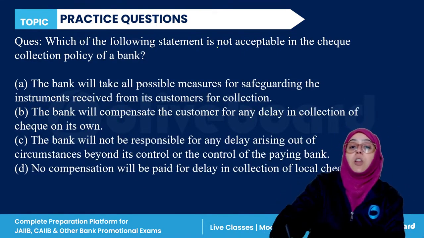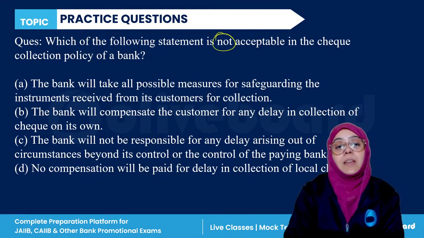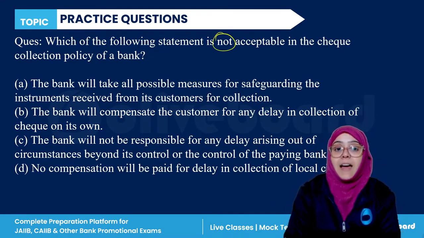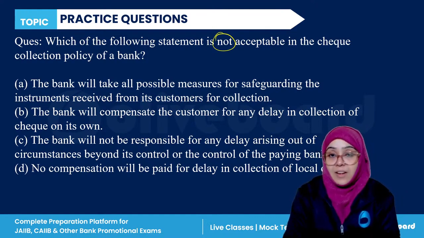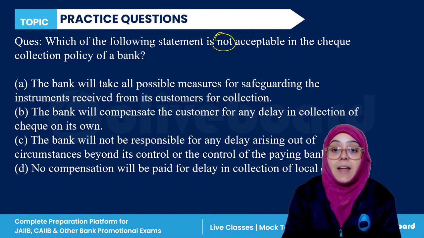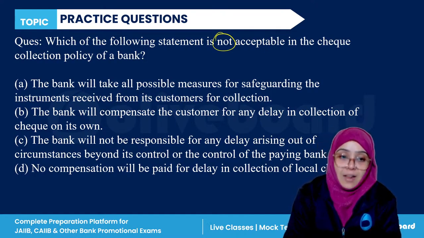Next, which of the following statements is not acceptable in the check collection policy? The bank will take all possible measures for safeguarding the instrument, compensate the customer for any delay, not be responsible for any delay arising out of other circumstances.